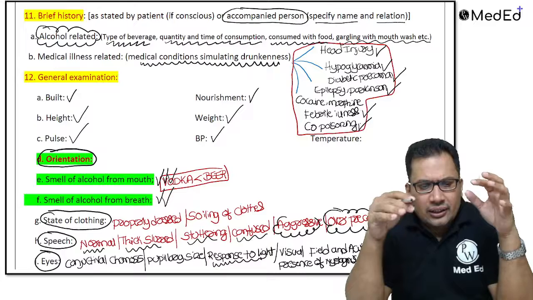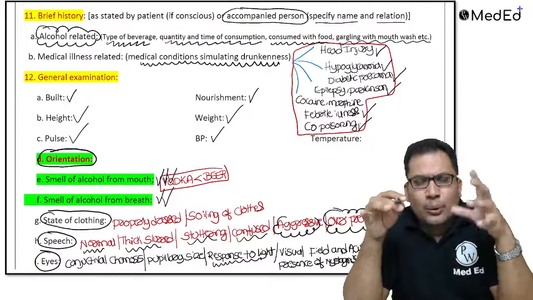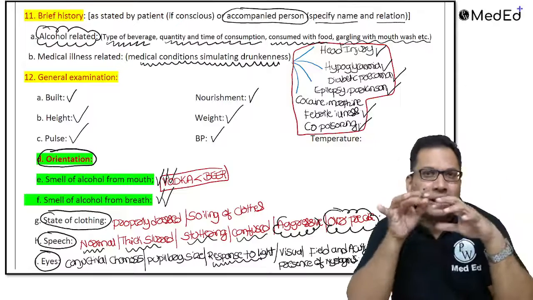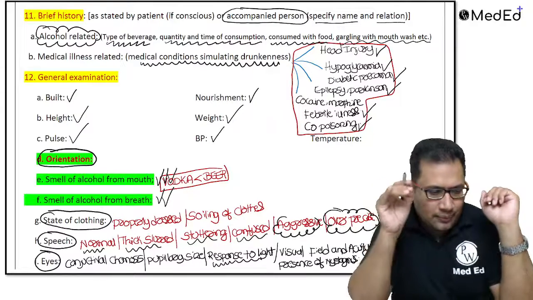So, all these are the important points you need to mention under general examination. That is point number 12. Now, look at this. In case of alcoholism, there can be nystagmus. This is the nystagmus present here. And also, look at the size of the pupil. The pupil is dilated.